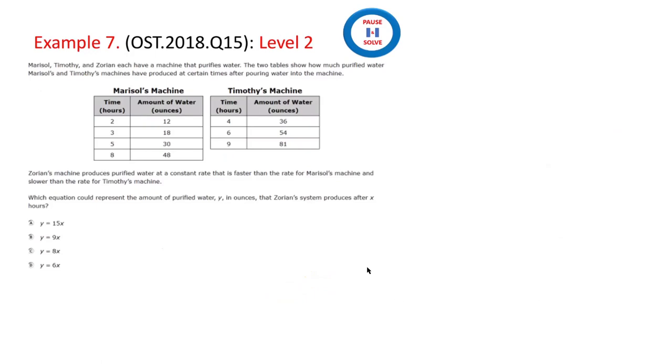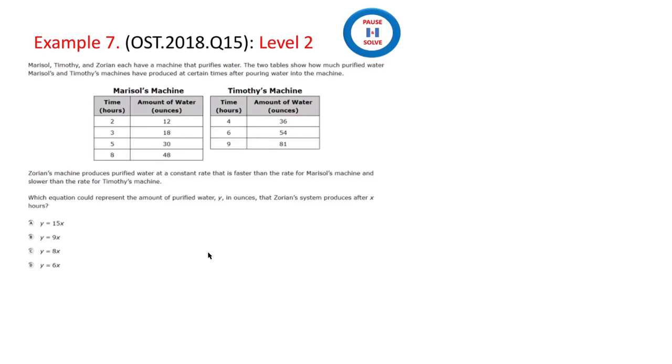Example number 7, Marisol, Timothy, and Zorian each have a machine that purifies water. The two tables show how much purified water Marisol's and Timothy's machines have produced at certain times after pouring water into the machine. So you have two tables here, gives you the relationship between time and the number of ounces of water purified.